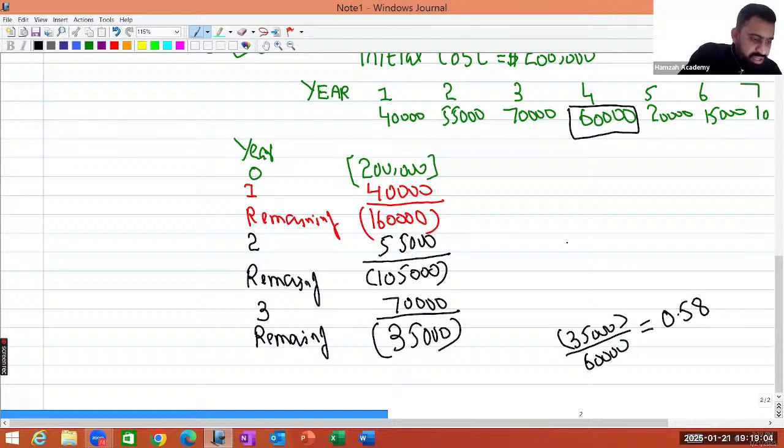So we can write our payback period is 3.58 years.